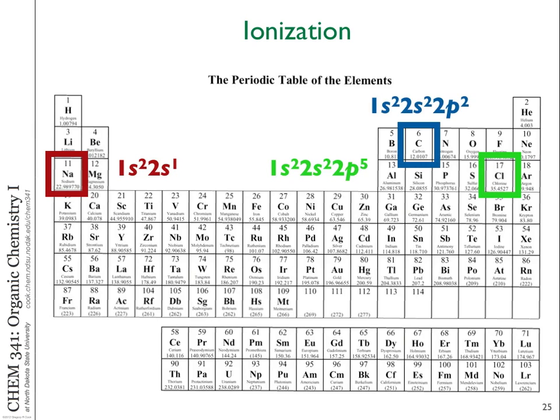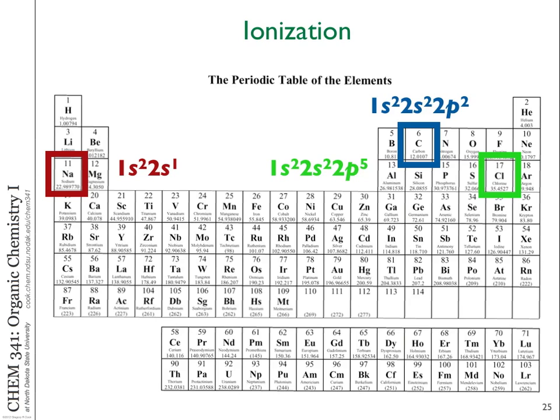Okay? Organic chemistry uses carbon mostly as the main backbone, which has a configuration of 1s2, 2s2, 2p2 in the elemental form. So if you were to try to get to a stable state where you have a filled valence shell, the filled outermost energy shell, you would have to gain or lose 4 electrons.